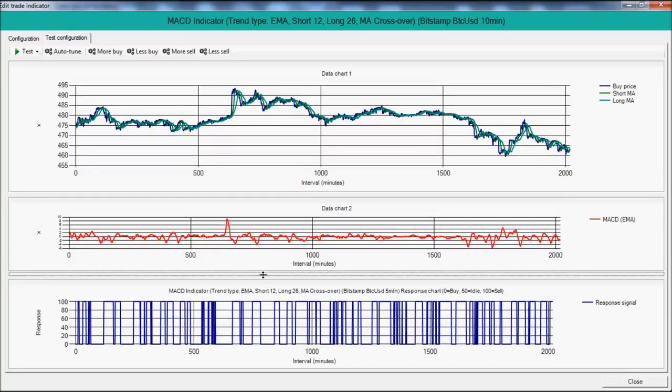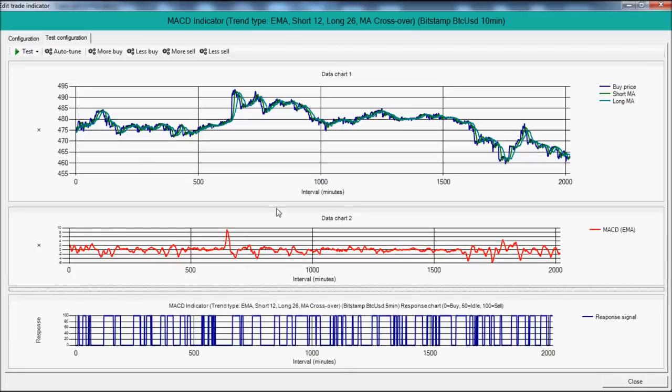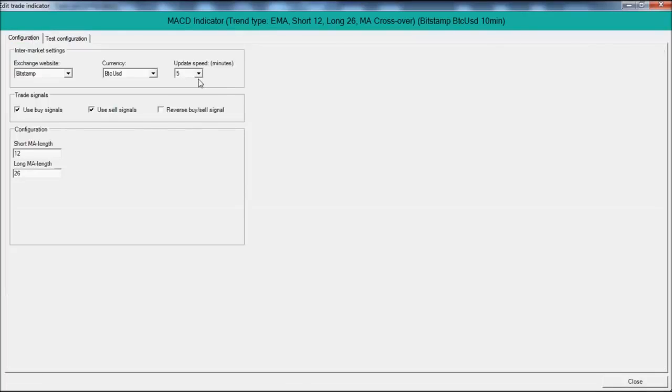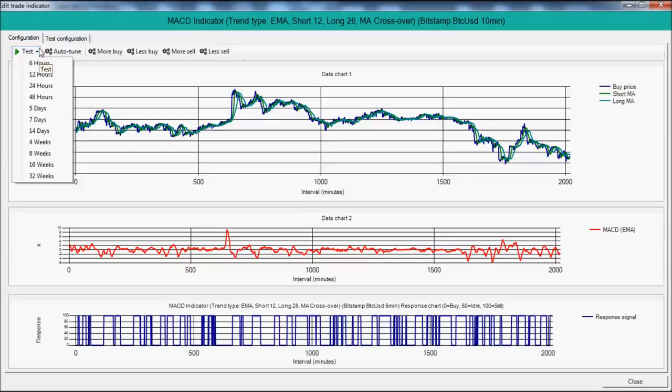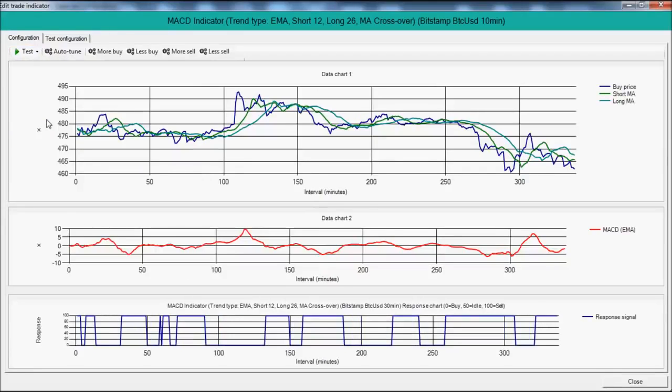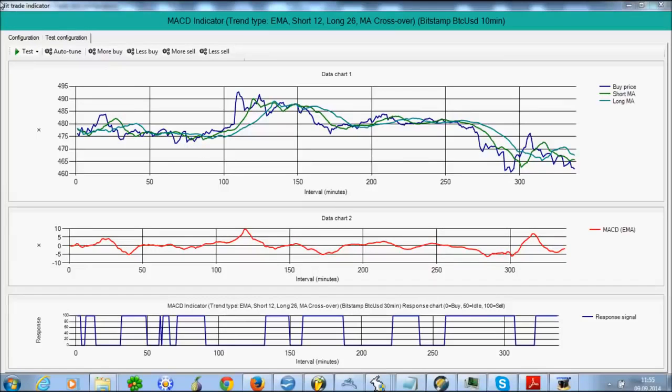I mean, you have to decide yourself, but you can see that looks pretty crazy. It's better to have a clear signal, in my opinion. Even 20-30 minutes will give you a much better signal than going all crazy. There are a lot of buy-sell signals, but as you can see, it's actually detecting a trend.